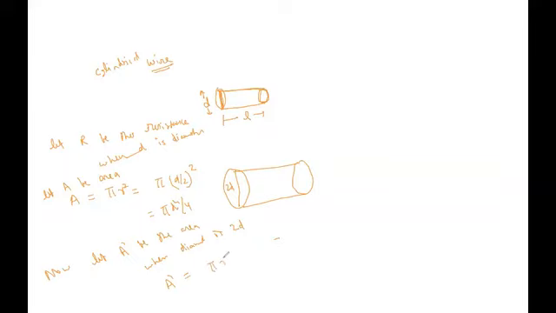So we know that it is pi r prime square, that means pi d prime square by 4. And d prime is, for the new area, 2d, diameter twice. So you can write (2d) whole square by 4, and you simplify, you will get pi d square.